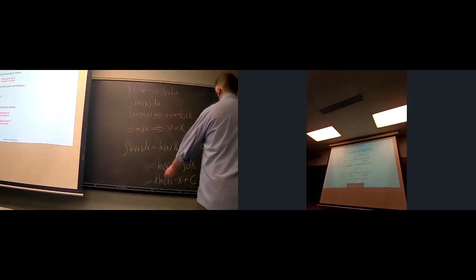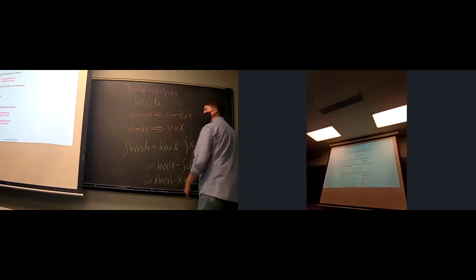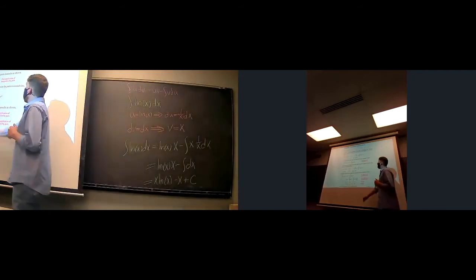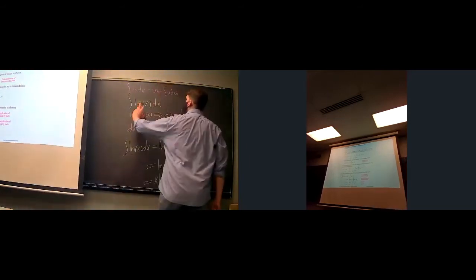So here's an example of what I was talking about a second ago, where you're going to have to apply integration by parts twice. We've got x squared e to the x dx. This is a pretty classic example.